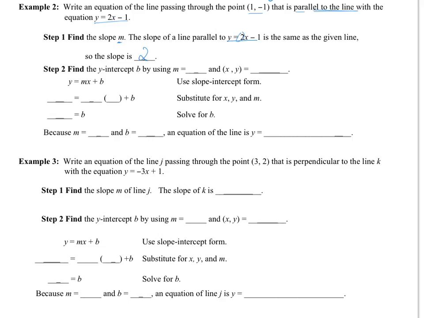Step 2, find the y-intercept b by using m equals 2 and the point (1, negative 1), because we want this line to pass through this point. So y equals mx plus b: my y value is negative 1, my slope is 2, my x is 1, then my b is negative 3. Because m equals 2 and b equals negative 3, an equation of the line is y equals 2x minus 3.